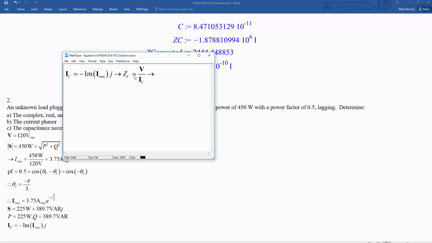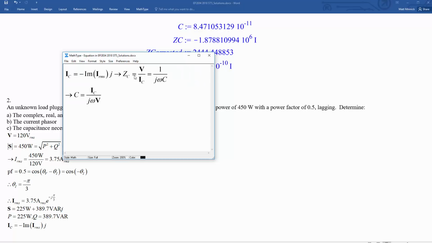And then we can convert that to a capacitance. Let's think. 1 over j omega C is equal to the capacitive impedance. So why don't we say it like this? That tells us that C is equal to 1 over j omega times V with the IC up there.